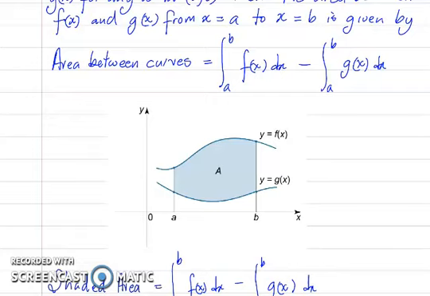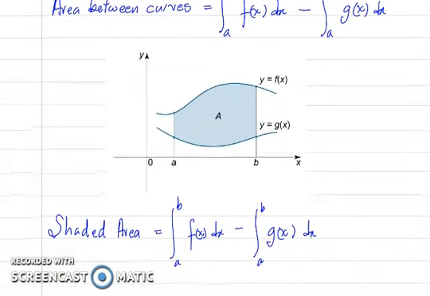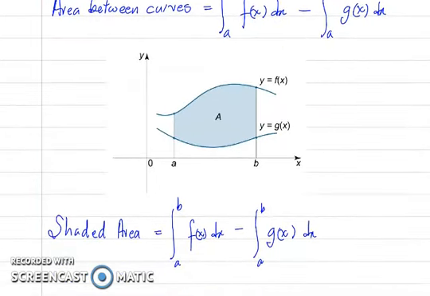The graph of f of x is above the graph of g of x. Therefore, the shaded area, which is the area between the two curves, is given, as stated before, as the integral from a to b of f of x minus the integral from a to b of g of x. All right, let's have a look at an example.